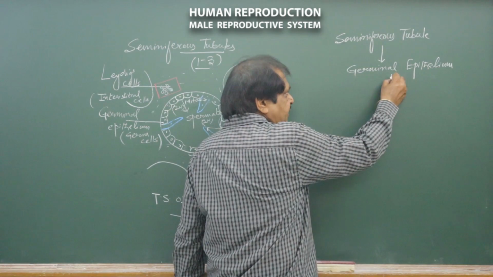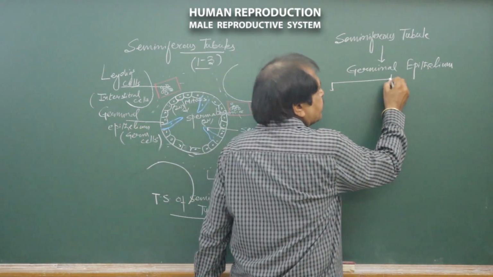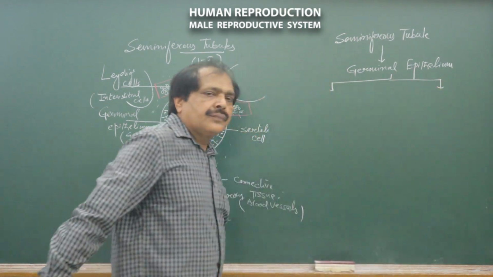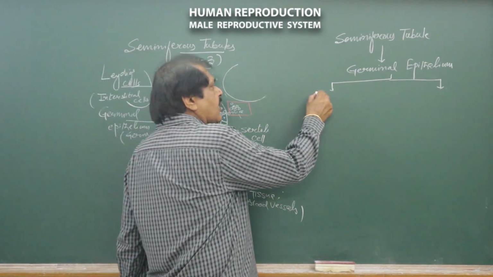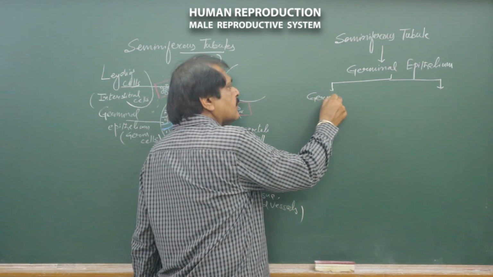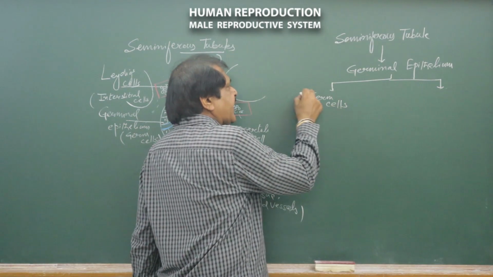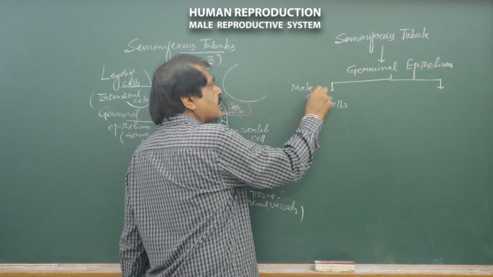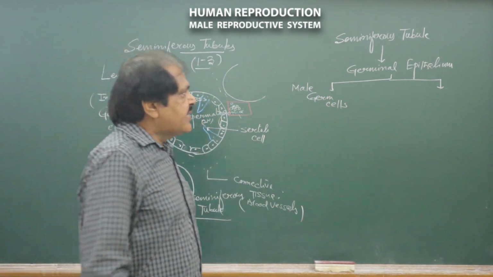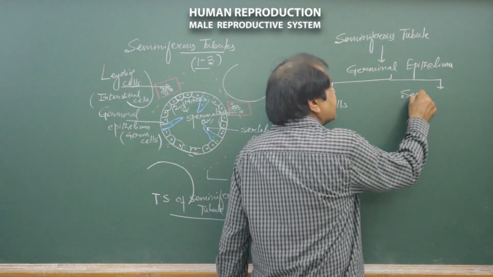This germinal epithelium has two types of cells. One are called the germ cells, or let us say male germ cells, and second are called the Sertoli cells.